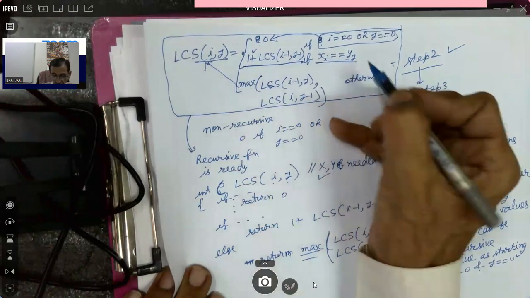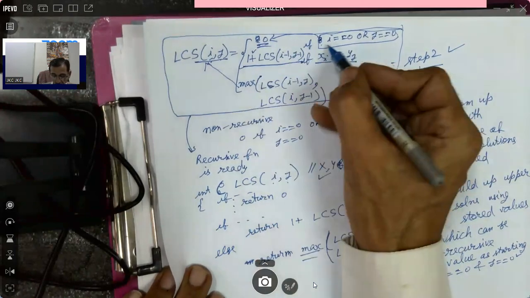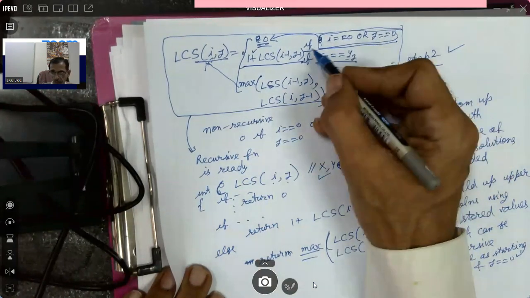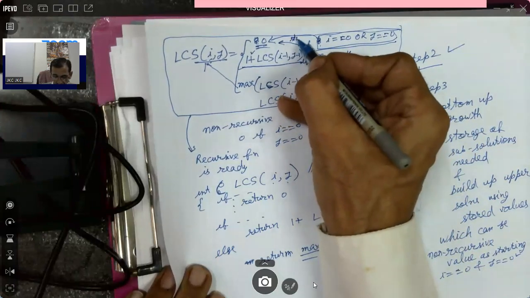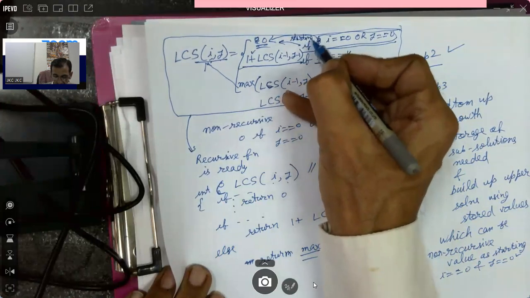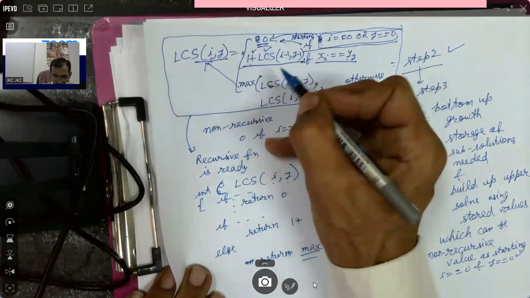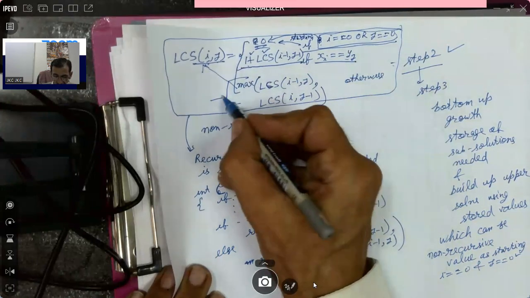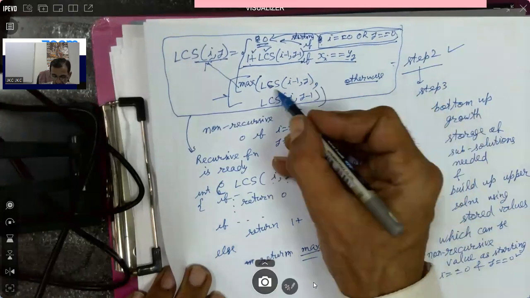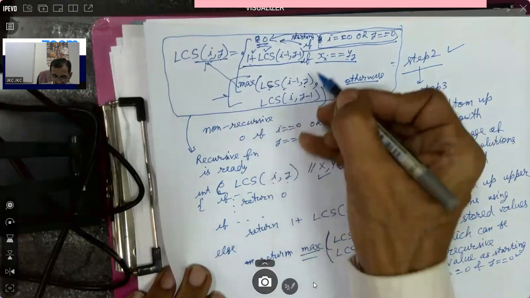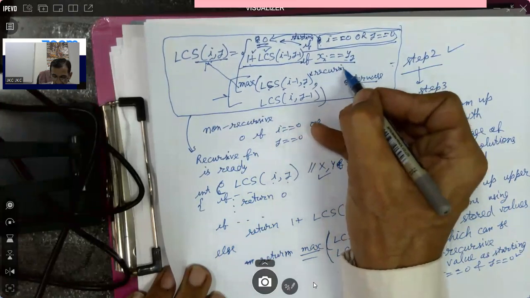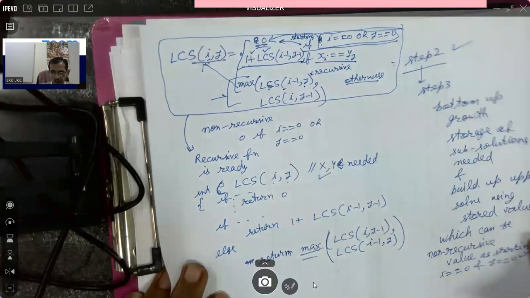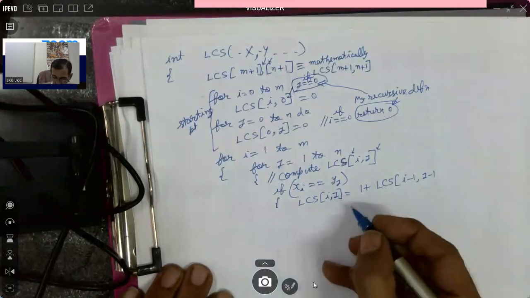If x_i equal to this, equal to 0, straight away I'm coding the same thing. This was a starting point. And now this I have coded in this form, and other is this part. Otherwise, I have to find LCS of i minus 1, j. Earlier, this was a recursive call. And now I have a DP call and array based.